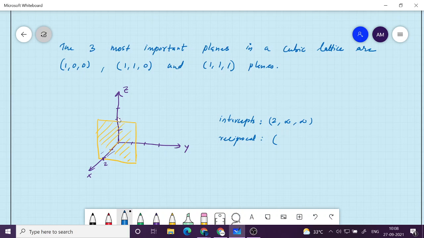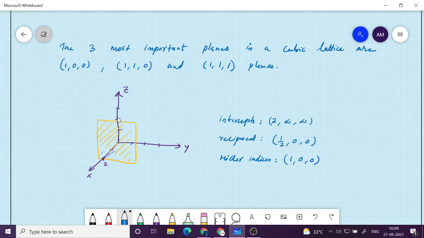So you will get 1 by 2, 0, 0. Then multiply with the LCM, that is the LCM of the denominator. Okay. So Miller indices. So you multiply with 2. So that is your 1, 0, 0.